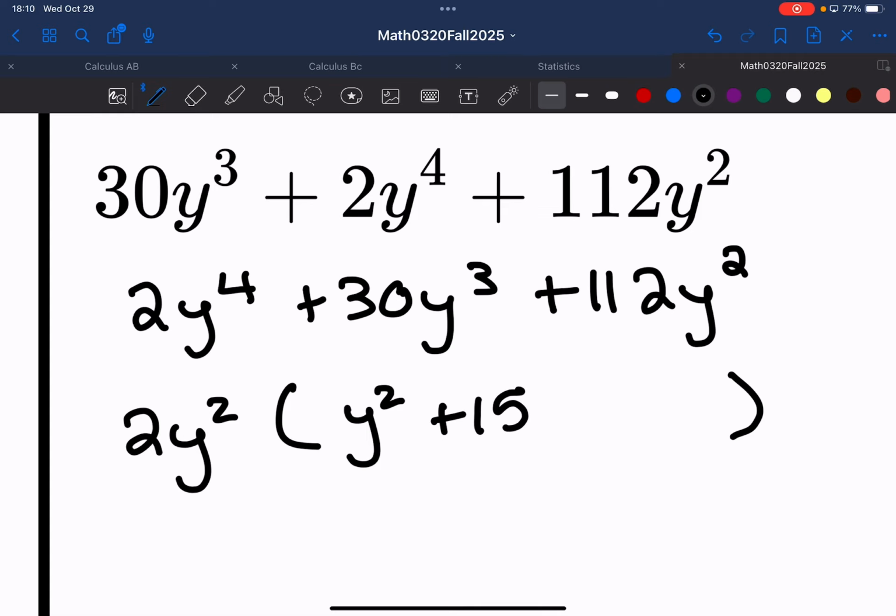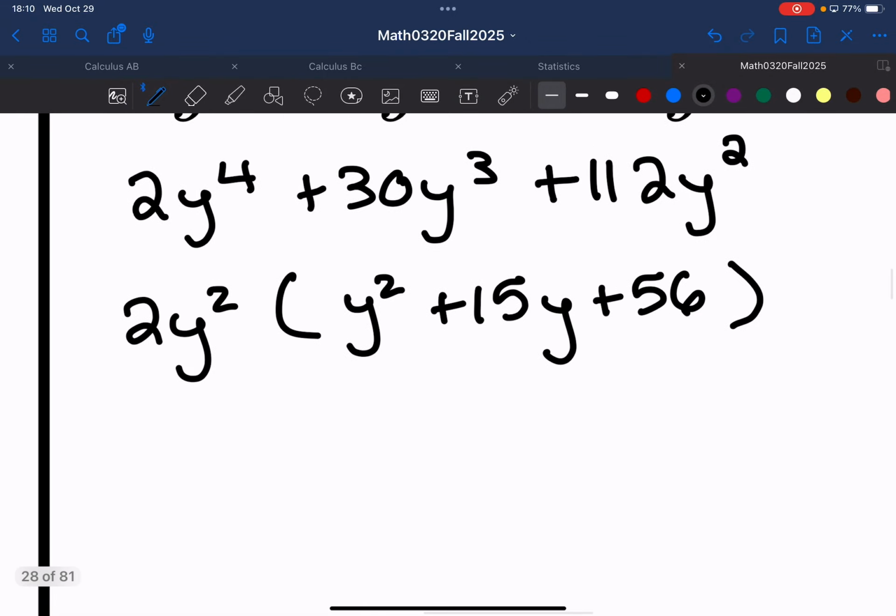And then how many y's are left over? 1 y. And then I do 112 divided by 2, which is, you said 56? Okay, 56. And then if I take out 2 y's from the 2 y's already there, they're gone. Okay? So this is what I end up with after taking out the GCF.